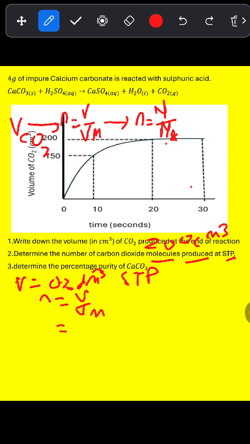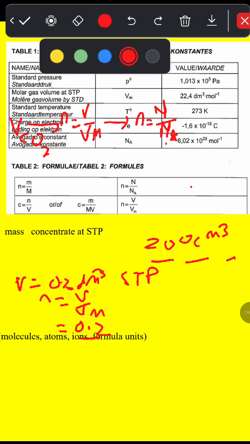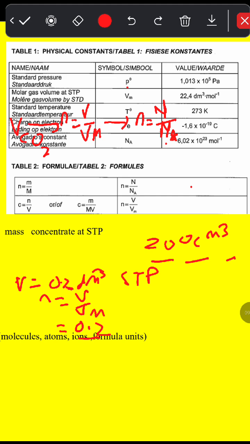So we say the volume is 0.2 divided by the molar volume. Now the molar volume, this is Vm, this is the molar volume. You take it from there, it's a constant. You take this one as the molar volume.